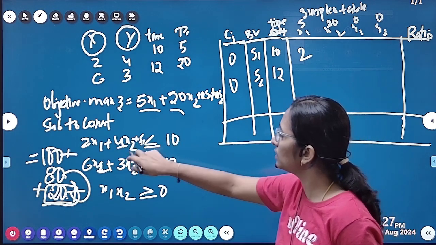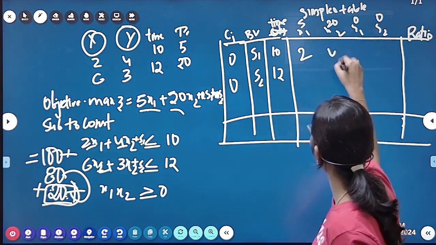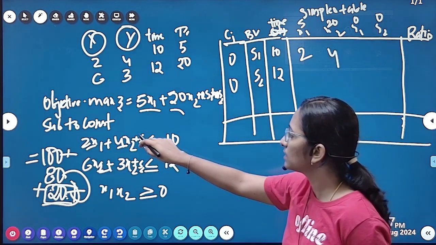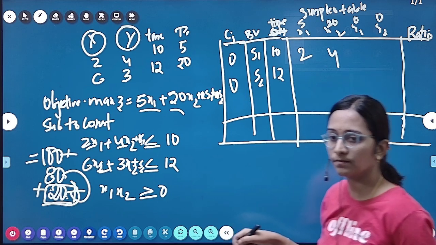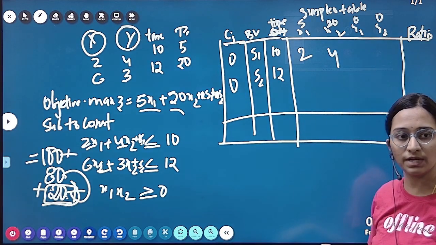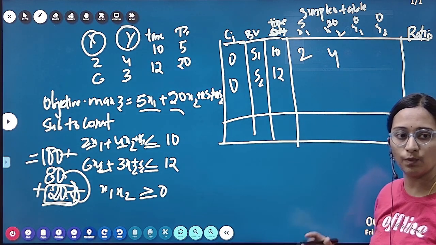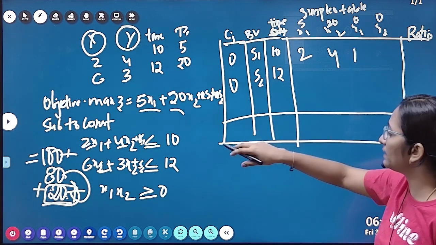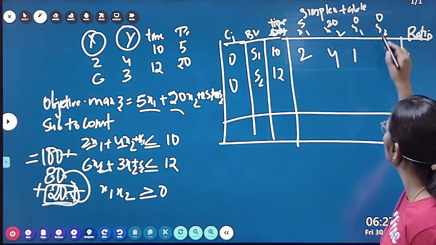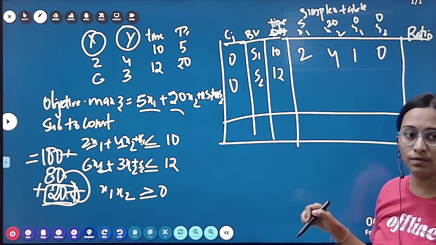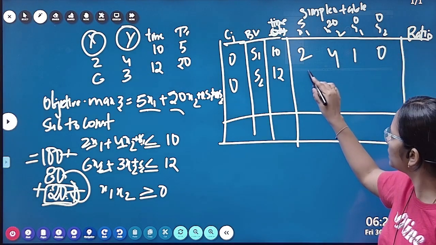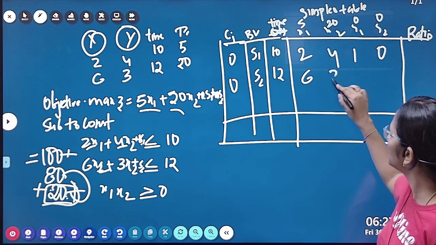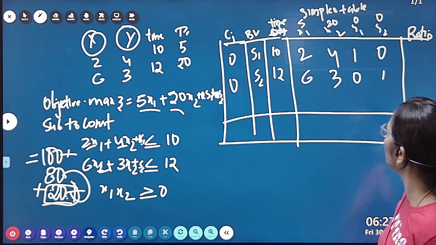Then 4, x2 is 4, where S1 is, let us take 1. There is nothing before S1, right? So we'll take it as 1. Do we have S2 in the first equation? No, so this will be 0. Tell me the second equation. 6, 3, 0 and 1.